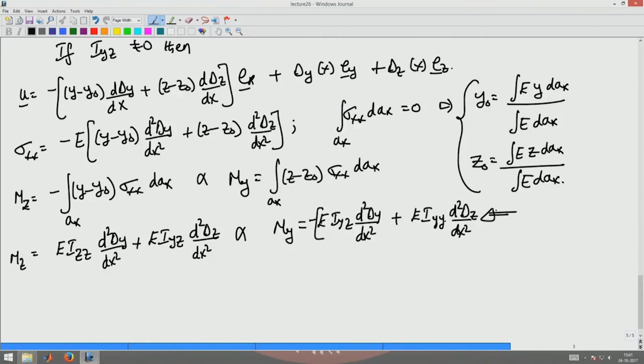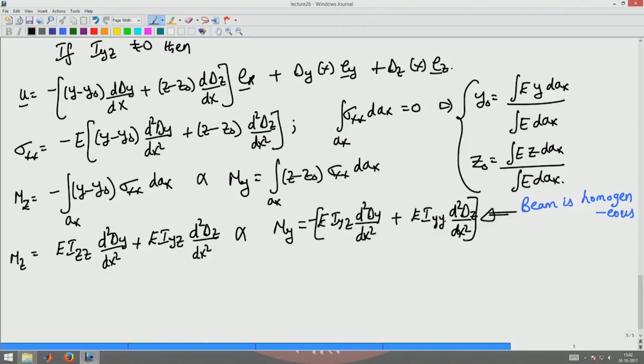This assumes the beam is homogeneous, that is, it is made of the same material, there is no difference of materials in tension and compression. Now, what I have to do is solve these two equations to get d square delta y by dx square and d square delta z by dx square in terms of My and Mz. So, there will be a negative sign in here.